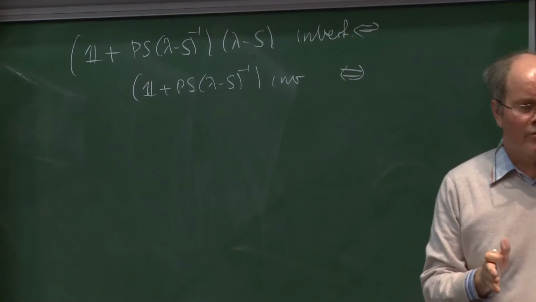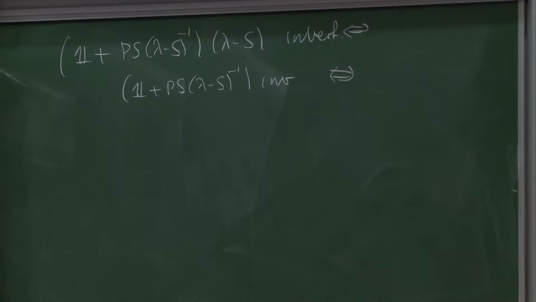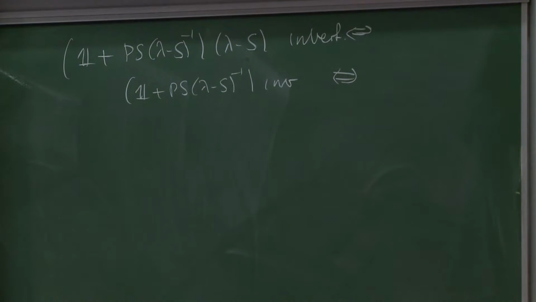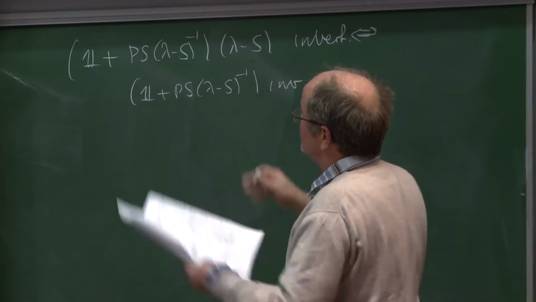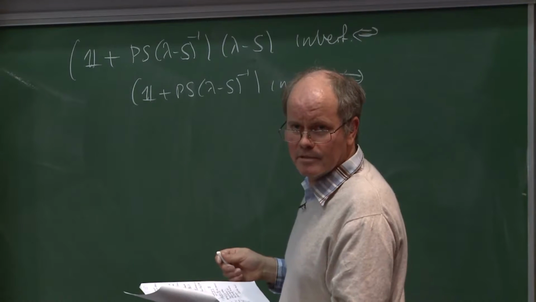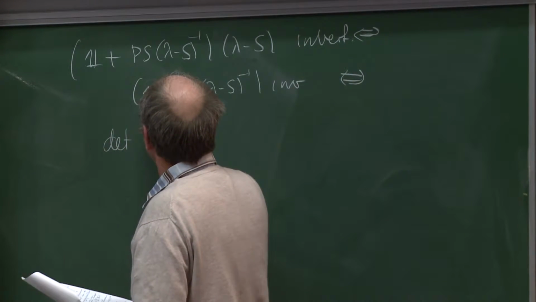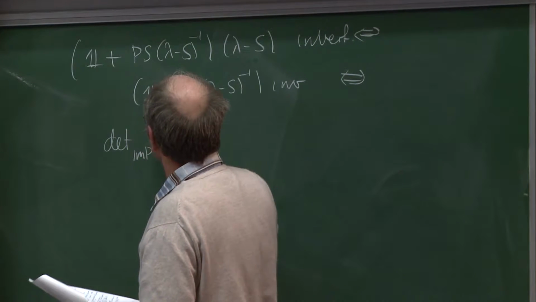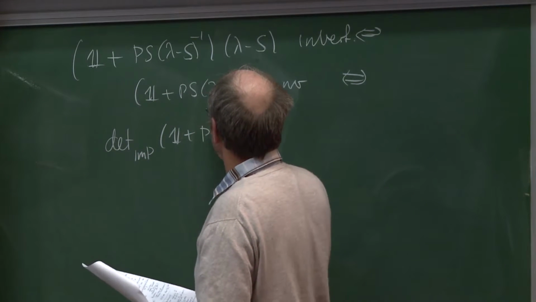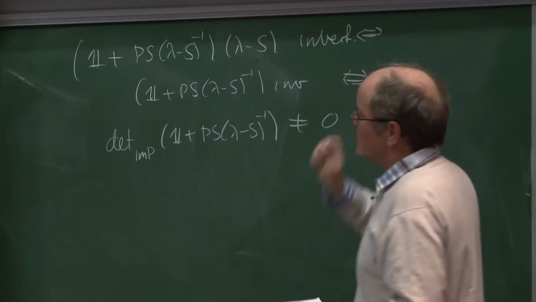But P is a finite rank. So here we have a genuine finite determinant, or finite rank map. And if 1 plus this finite rank operator is invertible, that's if and only if the determinant on the image of P of 1 plus PS (lambda minus S) is different from 0.